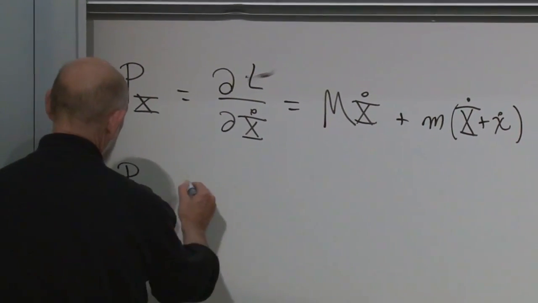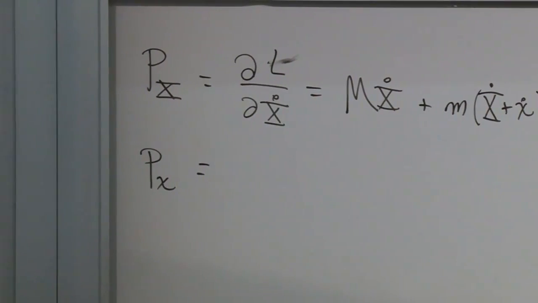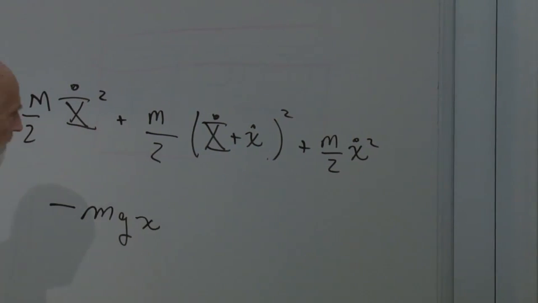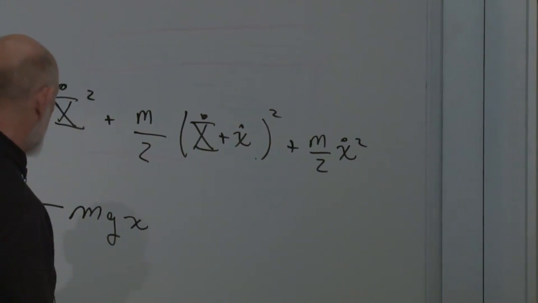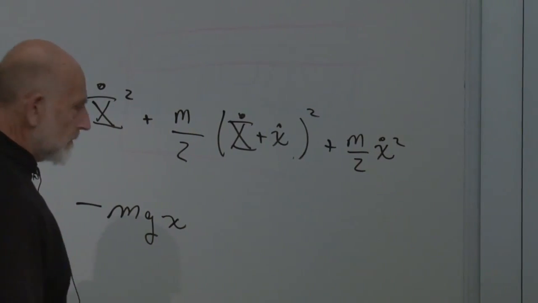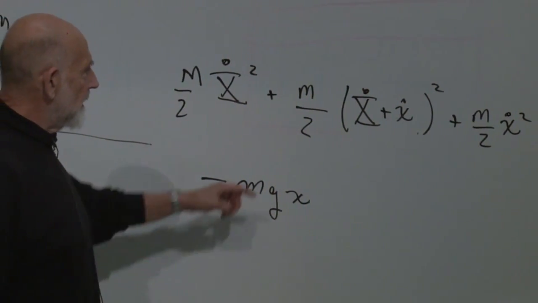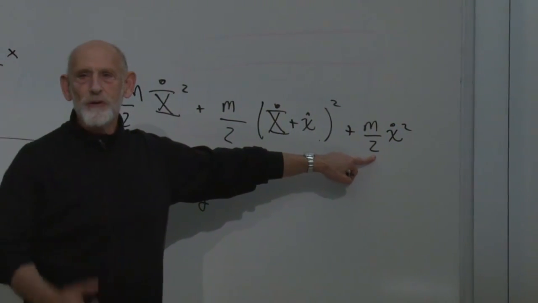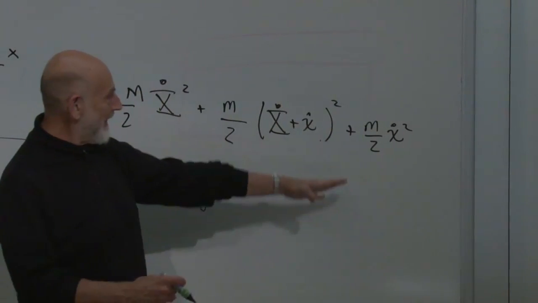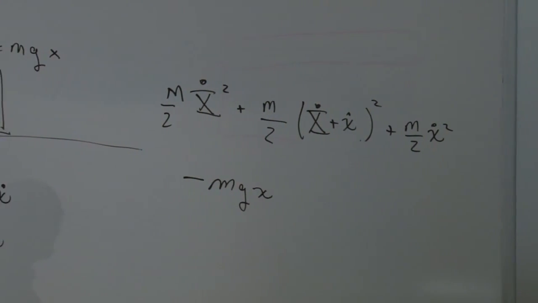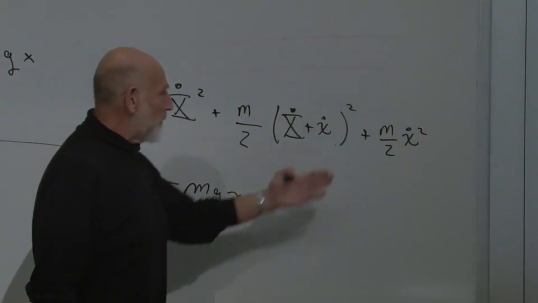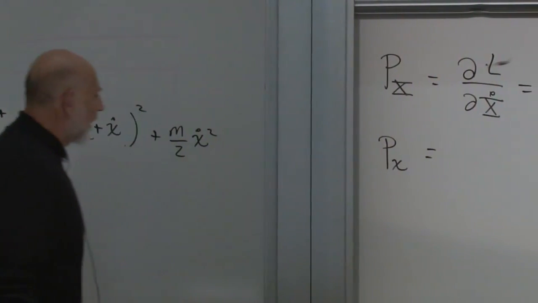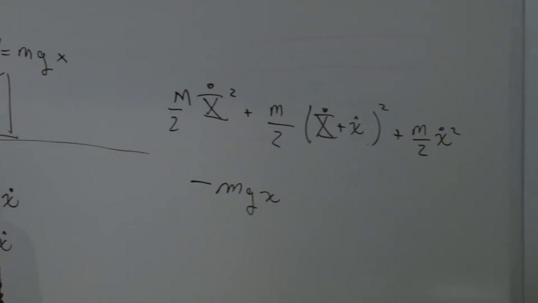What about the momentum conjugate to little x? P sub little x is equal to the derivative of the Lagrangian with respect to little x dot. What is that? Everybody remember where this term came from? It was the y motion. I had forgotten for a second. Yeah, that was the y motion. So notice the y motion actually makes a contribution to the x component of canonical momentum.